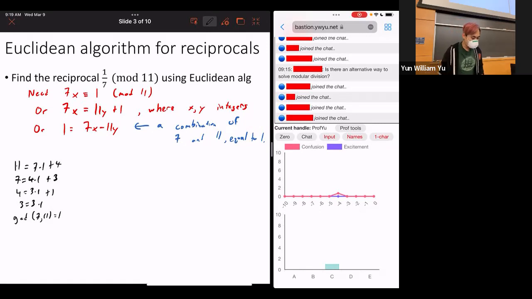Okay? And so then we just need to write 1 as a combination of 11 and 7. So what's that? Well, 1 is equal to 4 minus 3. And 1 is equal to, replace the 3, 4 minus (7 minus 4).